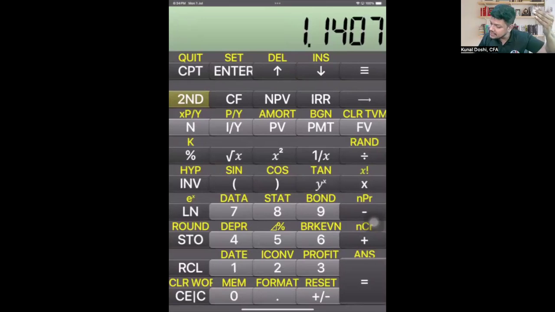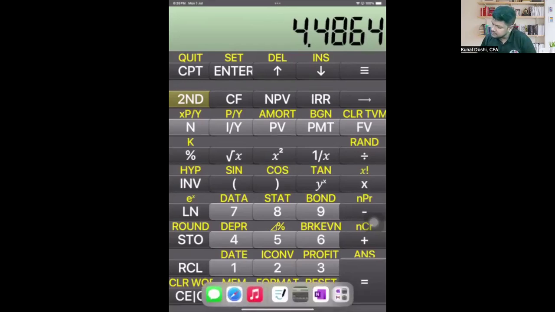Y to the power X. And then press 3. YX 3. Now, I don't need to the power 3. I need 1 over 3. So after pressing 3, just above YX, there is 1 over x. As soon as you press 1 over x, it becomes 0.33. Press equal to, correct? Minus 1 into 100. You should get 4.486 or 4.49 percent. Everyone is getting this? Clear?